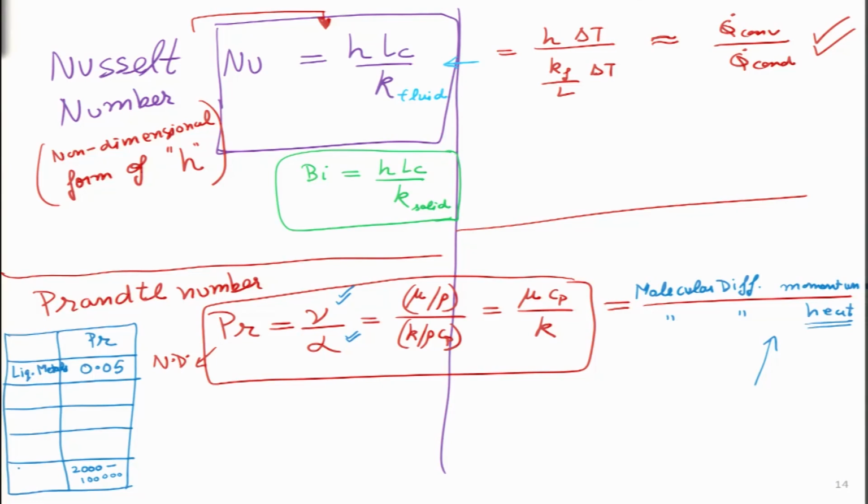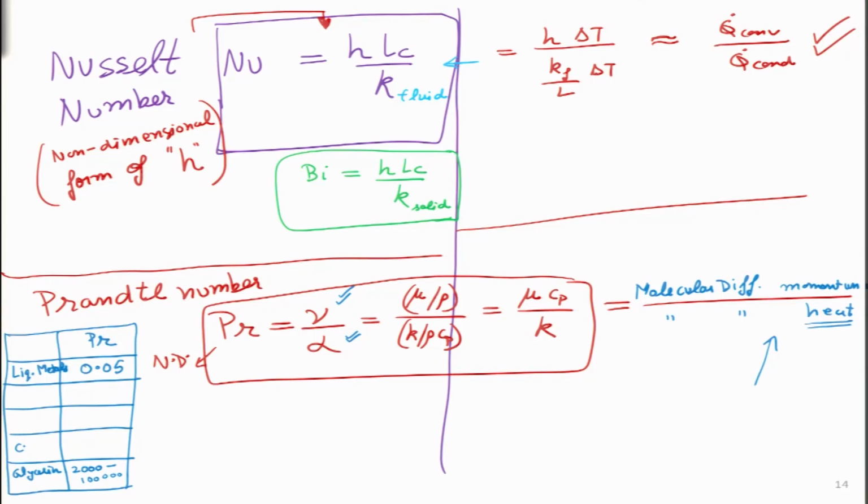That type of example is glycerin, because glycerin is highly viscous. If you look at the viscosity of glycerin, it is very high. Viscosity high means that the momentum transfer is taking place very fast.